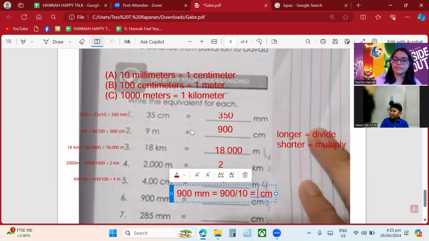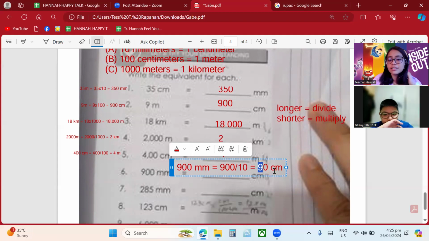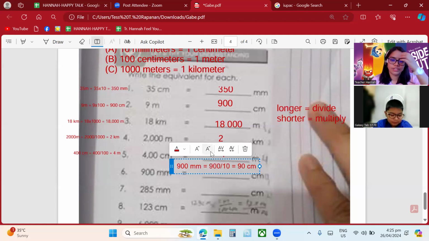We have, drum roll, 9. Close. We need to add 0. 90. Practice your division, Gabe. We need it very much here in conversion. So what's your answer? 90 centimeters. Very good.